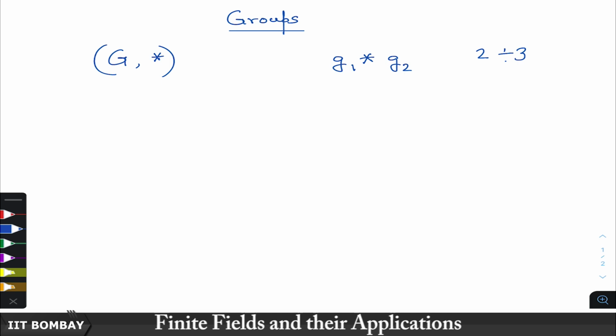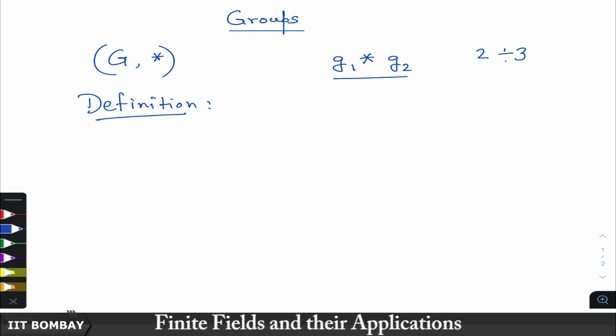When you say a binary operation in G, sometimes we mean that the result should also be in G, but sometimes it is not explicitly stated. We need that property for groups, that it should be an operation in G, which means its result also should be in G.